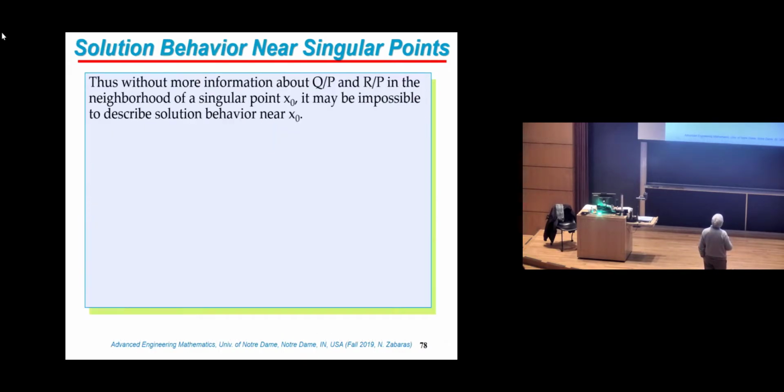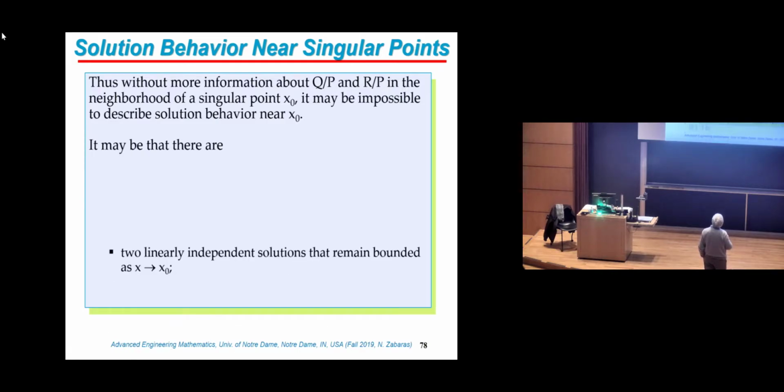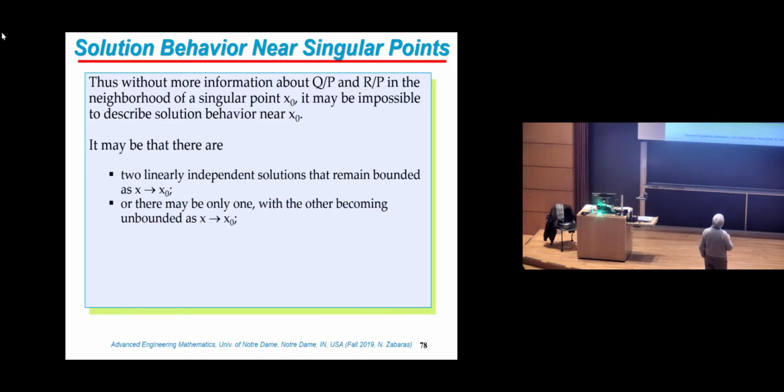So we discussed the Euler equation, which has this very nice solution. Now we need to start extending things beyond the Euler equation and see how we can get the solution near singular points.